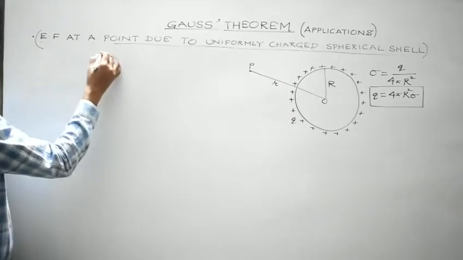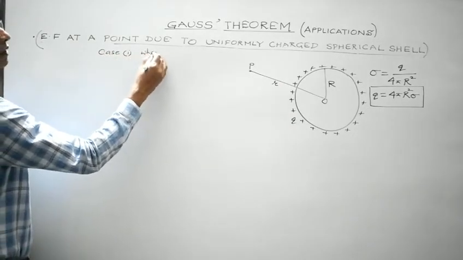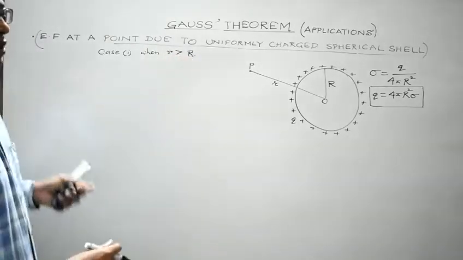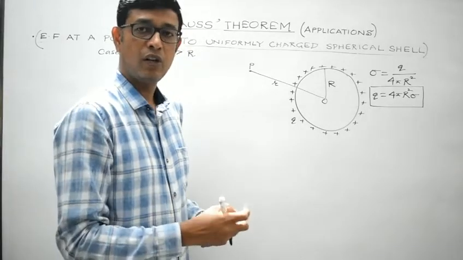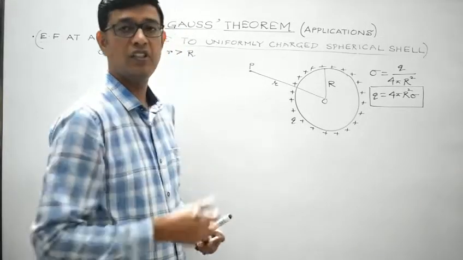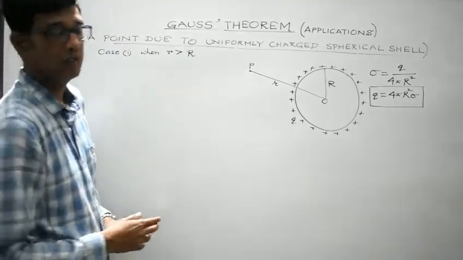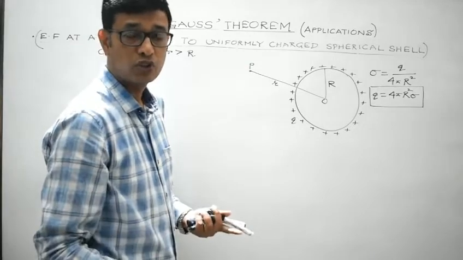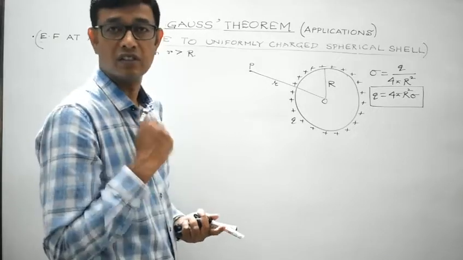So case 1 is when small r is greater than capital R. It means that we are dealing with the case whereby the observation point lies outside the uniformly charged spherical shell, right? And as I mentioned, in order to determine the electric field here, we are using Gauss theorem, and in order to use Gauss theorem, we need to consider some Gaussian surface.